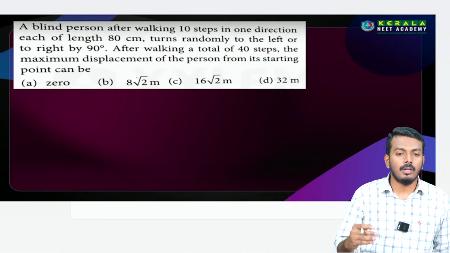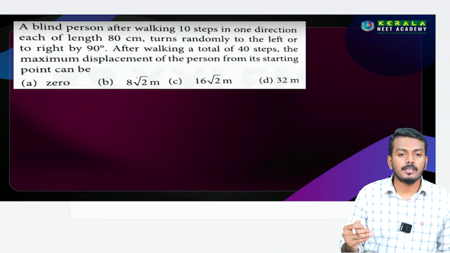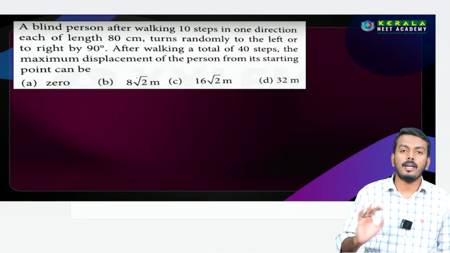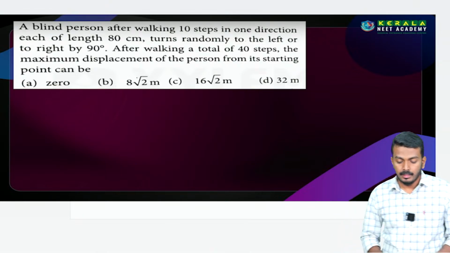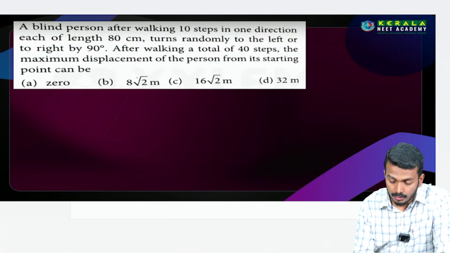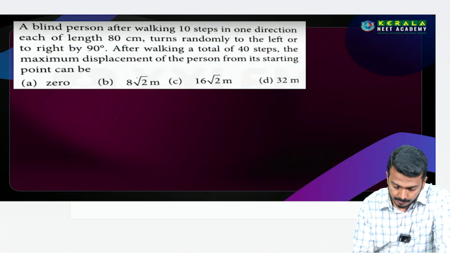After walking a total of 40 steps, the maximum displacement of the person from the starting point is the question.